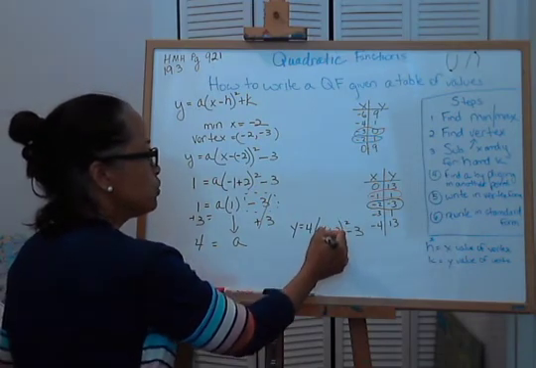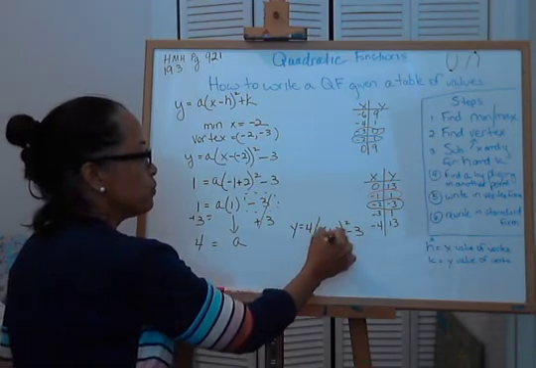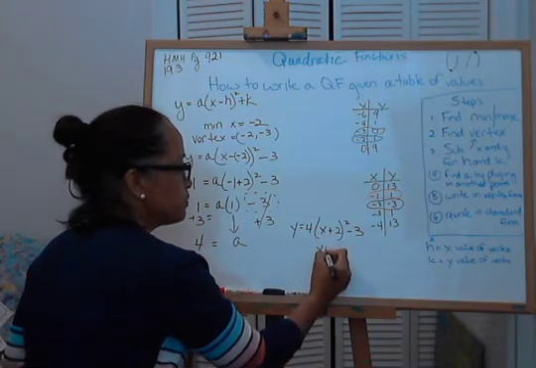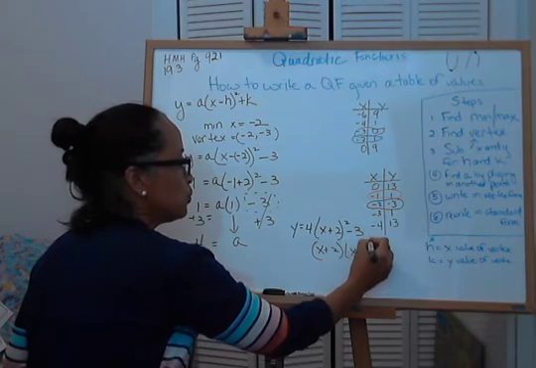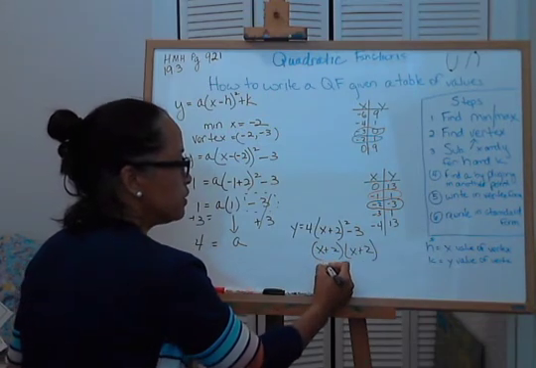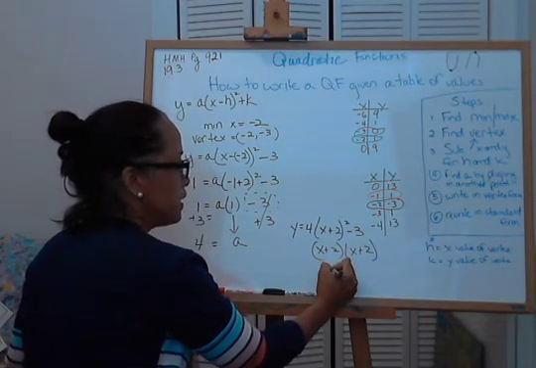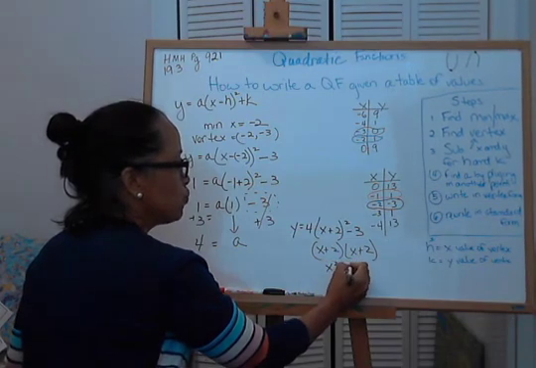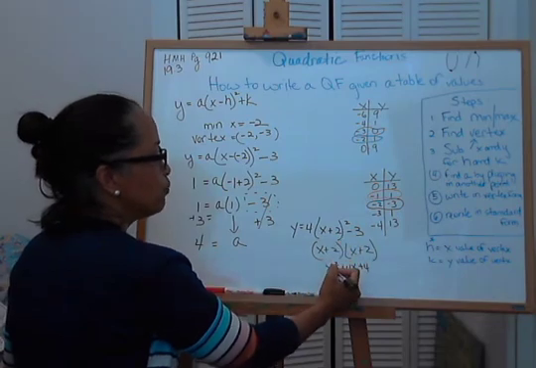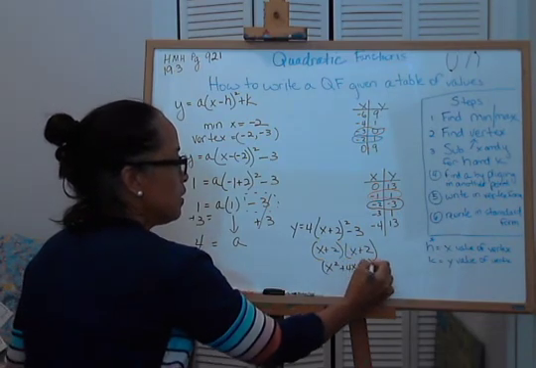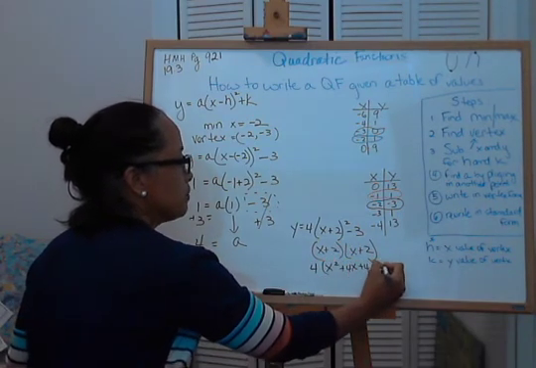The first thing we do is solve x plus 2 times x plus 2. If you watched my videos, we did this already. This is x squared plus 4x plus 4. If you use FOIL, you'll find that out. All times 4, minus 3.